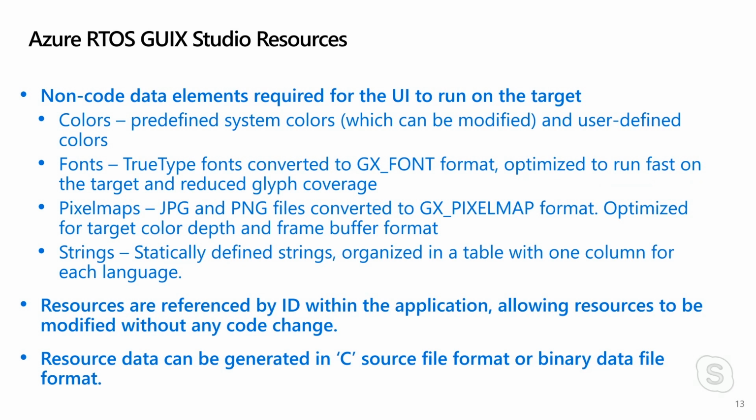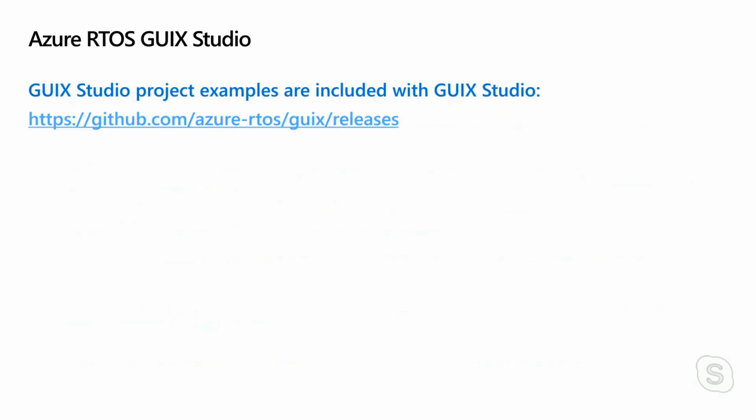We try to be small and fast, and resources are really easy to reference without any code changes. You can take a resource and change its color, change its font. And again, everything's auto-generated. So let's quickly look at a GUIX example.